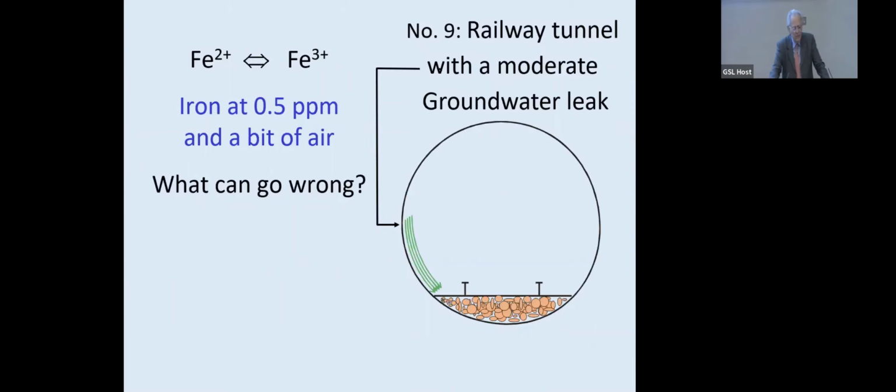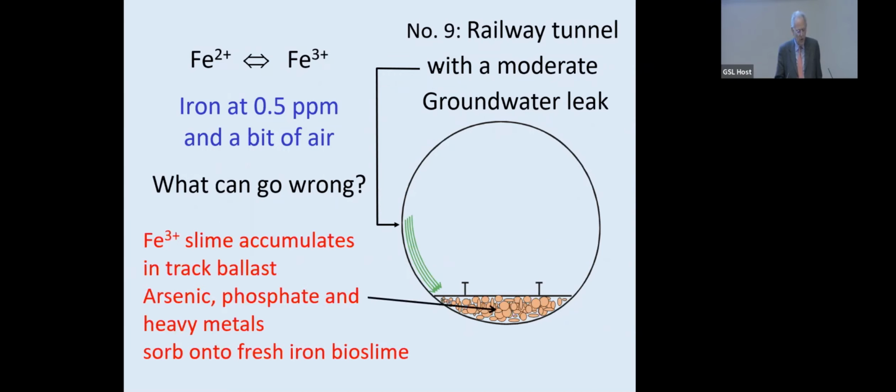A railway tunnel in London changed hands, and people were interested in the iron slime in the track bedding. It was just a nasty nuisance on the wheels of the trains. And then somebody analyzed it. And then things really got to be worrying, because what could go wrong? Well, the iron slime is a very effective sponge for anything chemical, and it'll absorb arsenic, phosphate, heavy metals.